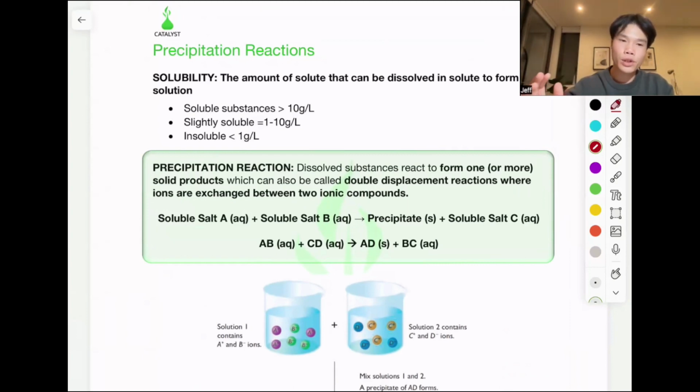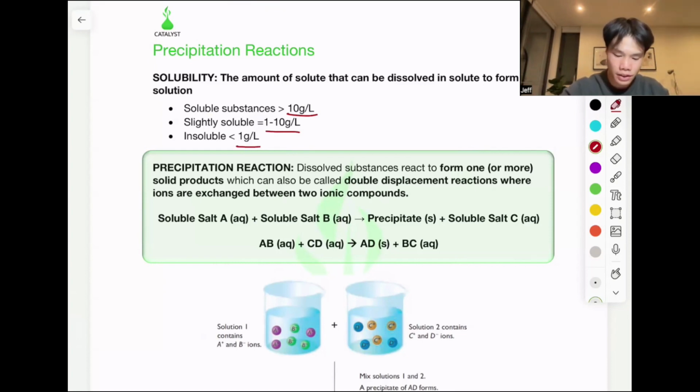So when you think of the word soluble, we think of something that can go into solution and kind of vanish. That's sort of how we perceive it. If you put salt in pasta water, that's the way you've always seen solubility, dissolution. We have a threshold for what is soluble. If you can dissolve 10 grams per liter, it's soluble. Slightly soluble if it's 1 to 10 grams per liter, and insoluble if it's 1 gram per liter or less.